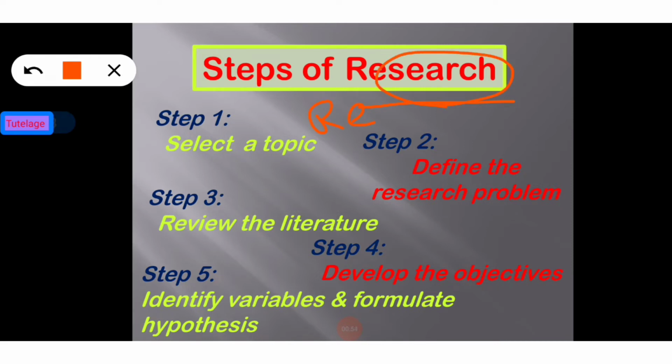Re means again, anew, or over again, and search means to examine closely and carefully. So in simple words, research can be defined as the in-depth study of something in search of some new information.